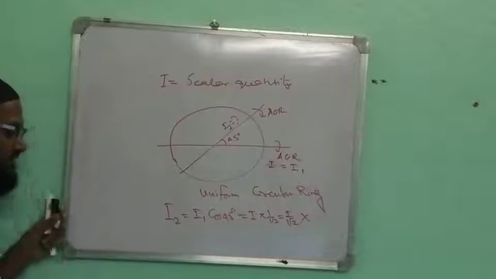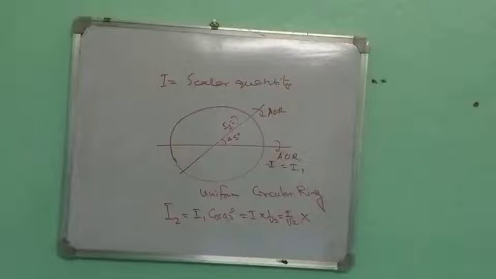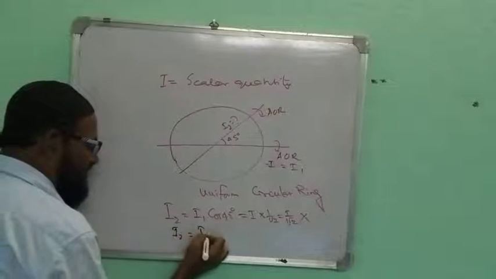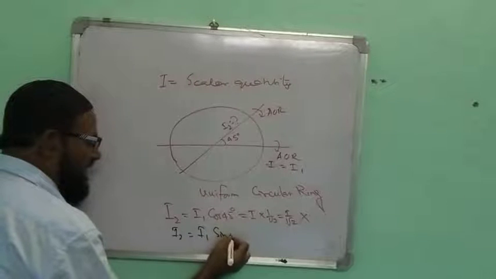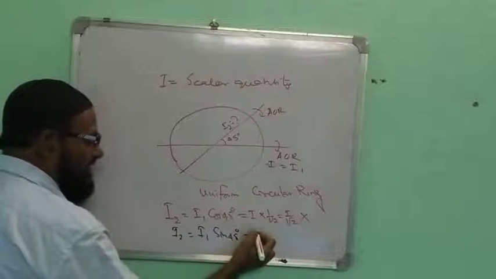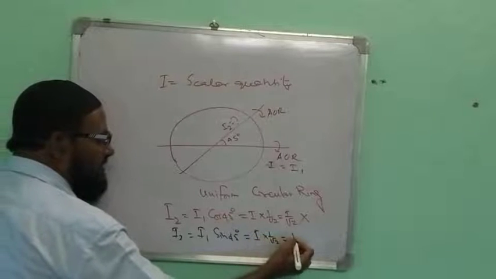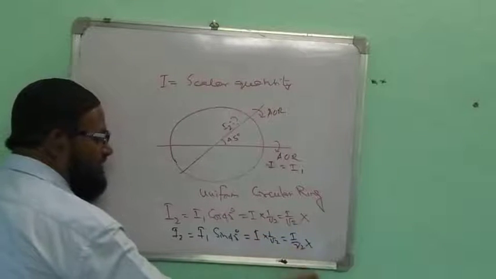This is not the answer. Some students say, sir, I2 equal to I1 sine 45 degree equal to I by root 2. This is not the answer either.